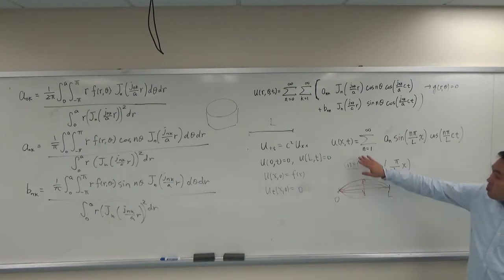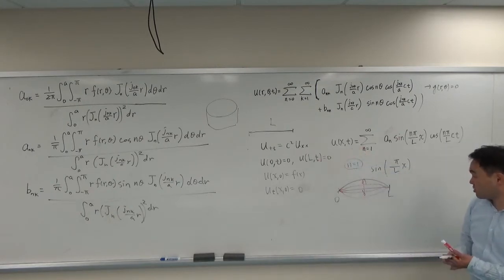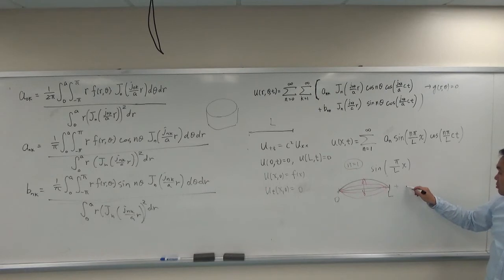But this is not the only solution of this wave equation. It's a sum of this one plus another wave. The next wave will be this one with 2, and what it does, it'll be like this. And then again, the amplitude will change, so it's going to be vibrating like that.